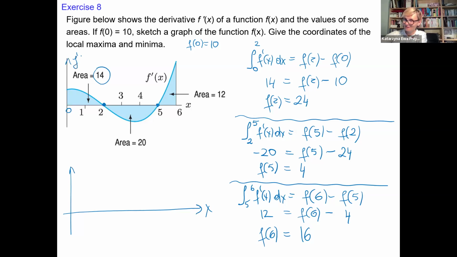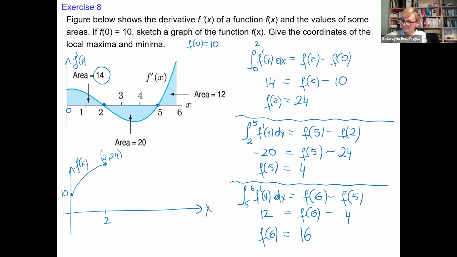This is the derivative, and this will be the function. F at 0 is 10. At 2 it is 24, so let's say the point is 2, 24. And what about 5?